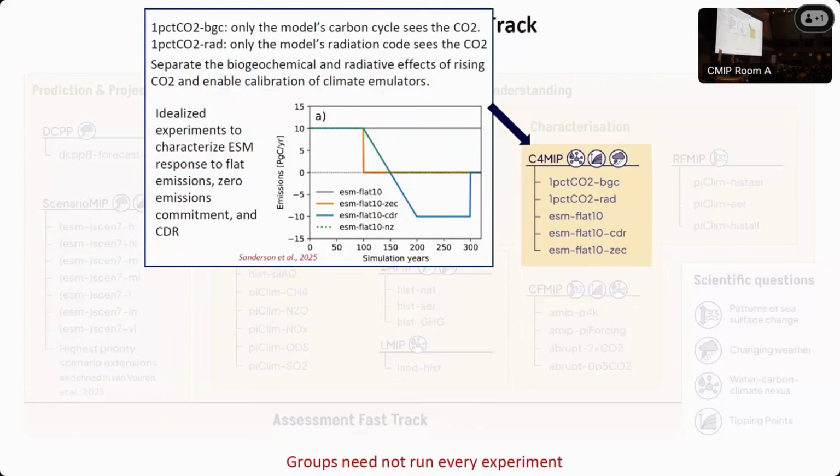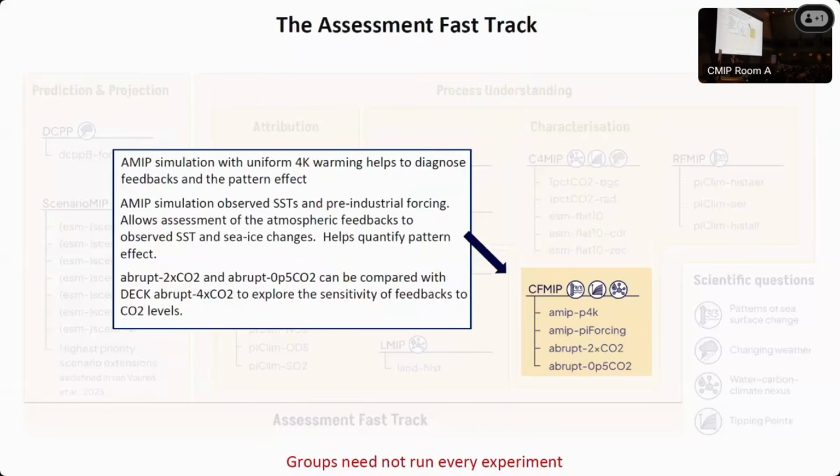For C4MIP, there are a number of experiments that are used to characterize the radiative and biogeochemical effects of CO2, and also those experiments from Ben's paper that are used to characterize the representation of the carbon cycle in emissions-driven simulations.